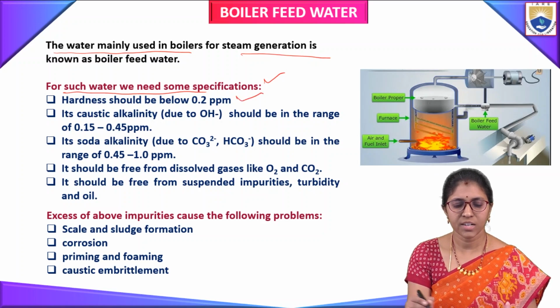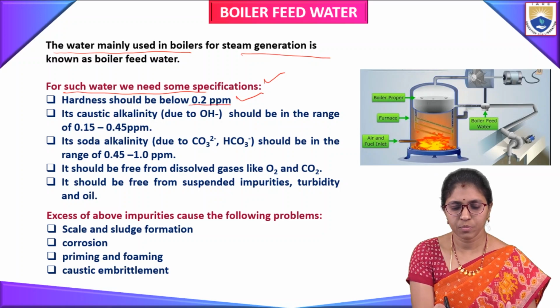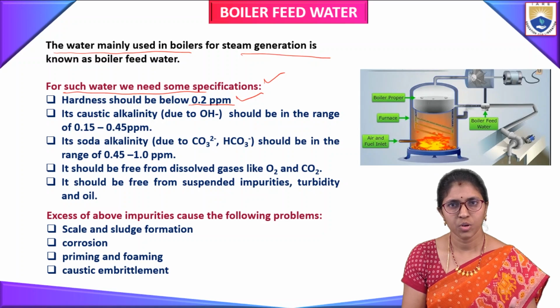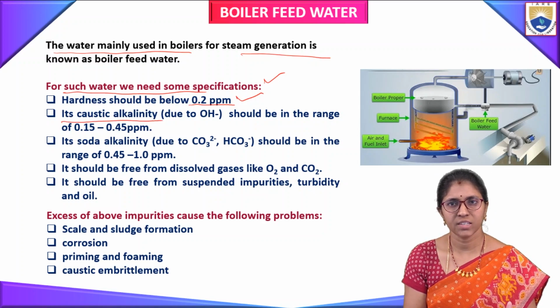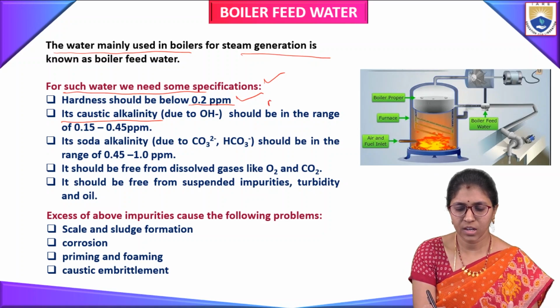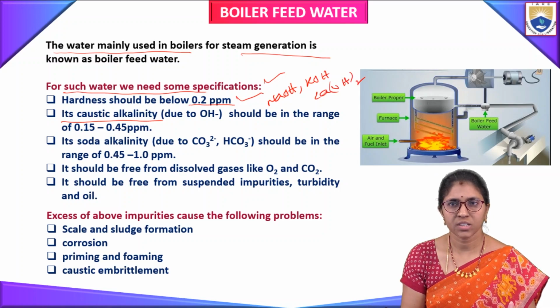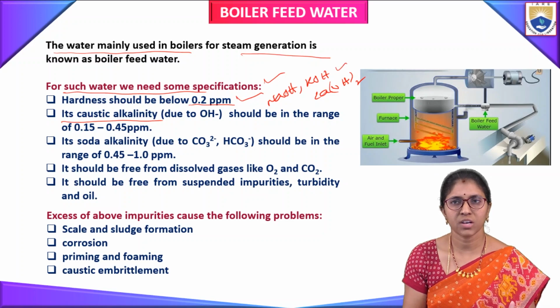The hardness of water should be below 0.2 ppm. Its caustic alkalinity, for example due to NaOH, KOH, and Ca(OH)2, calcium hydroxide, it is due to these OH minus ions that alkalinity increases in water.